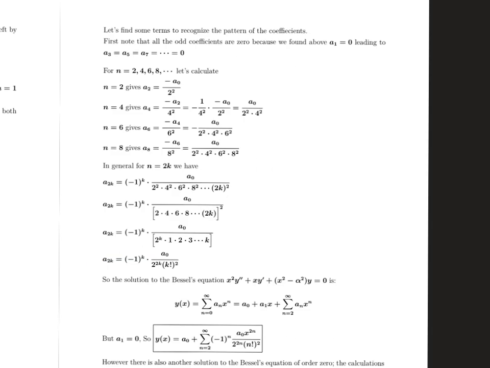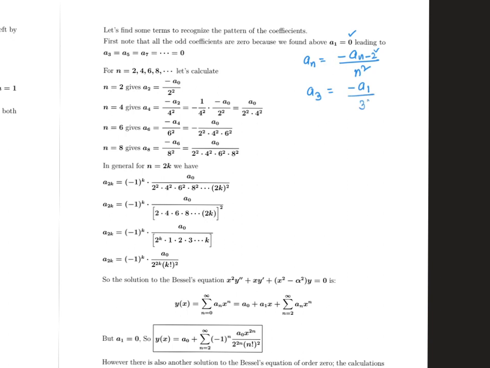Now we are going to take the recursive formula, which is a sub n is equal to negative a sub n minus 2 over n square, and find the coefficients a sub n of our solution. One easy thing to do is look at a sub 1, which we found previously to be 0. Now that means a sub 3 is going to be equal to negative a sub 1, because 3 minus 2 is 1, right?